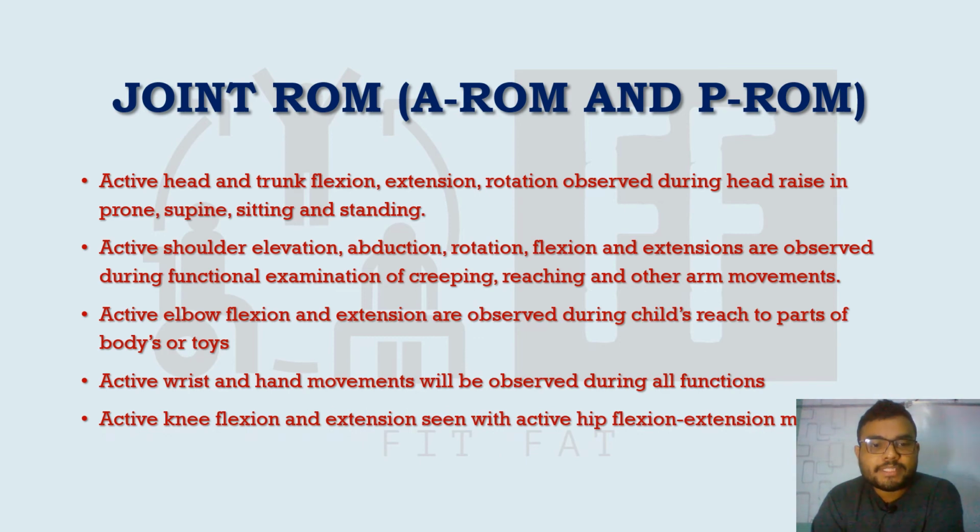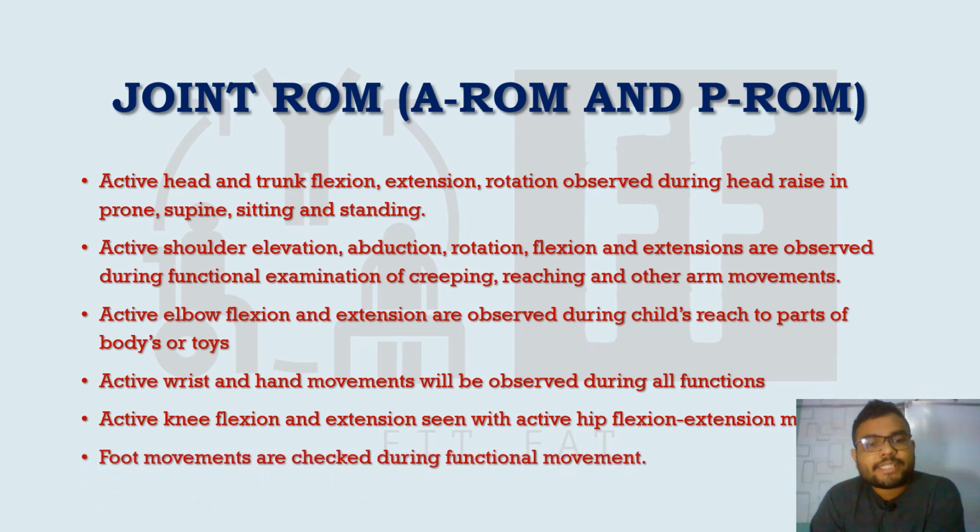Then for lower extremity, you need to check the knee flexion and extension seen with hip flexion extension movement. Then you need to check the foot movements during all the functional activities. So basically here the thing is you need to check from head to toe, and to do that the child will not listen to you.